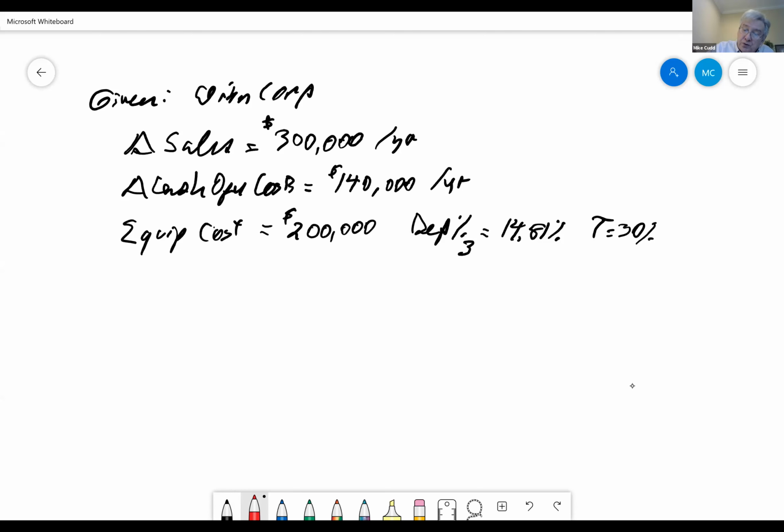So what we do just for year 3, what would be the difference in our sales after tax? It would be the additional sales of 300,000 times 1 minus our tax rate. And that would be $210,000.